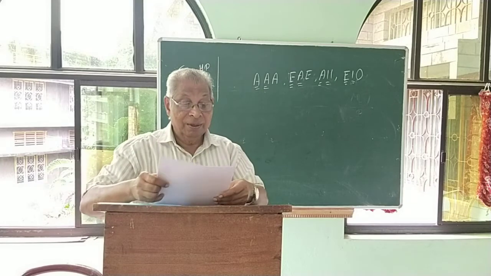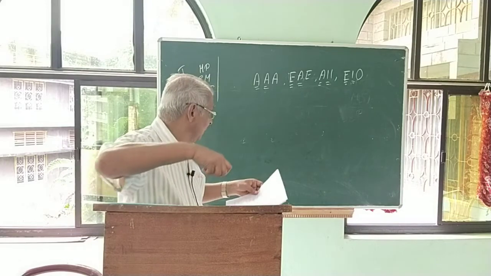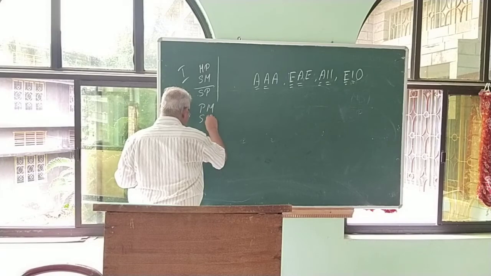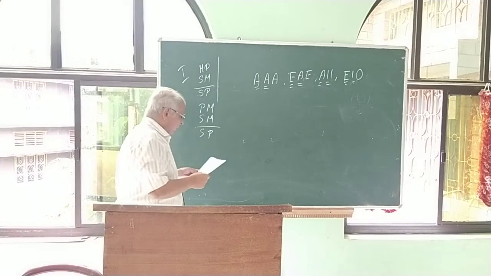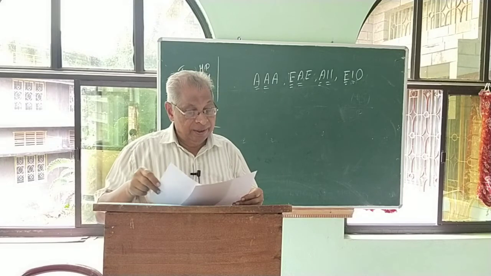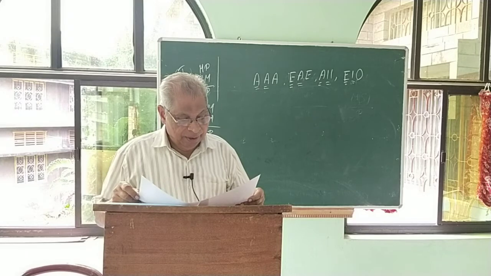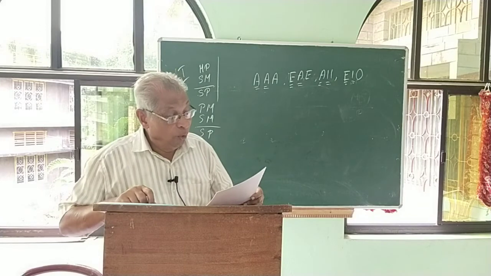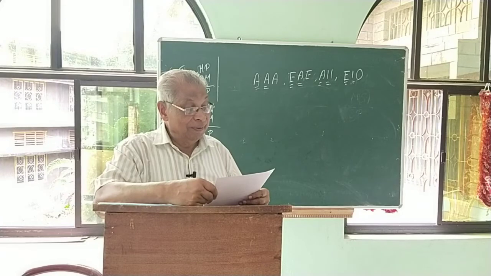The second figure is PM, SM, SP. And what are the rules? One premise must be negative. The major premise must be universal. So now that we shall see. Before that, what are the valid moods of the second figure?